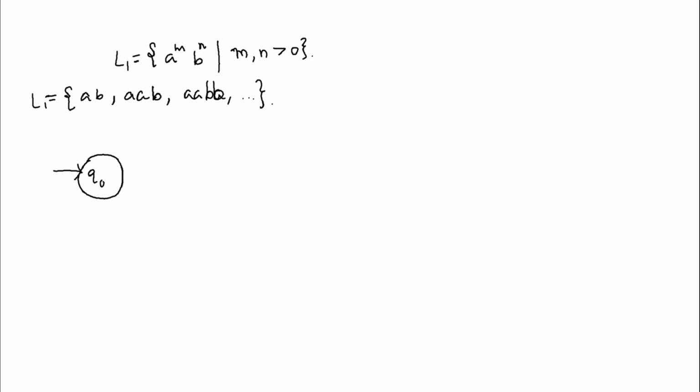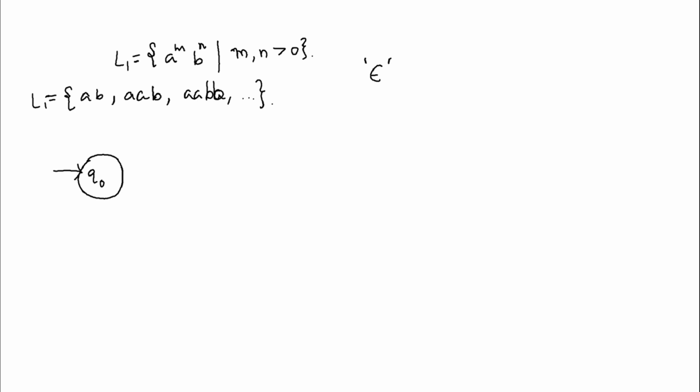Let that initial state be Q0. Now you see, if your language has epsilon in it, then the initial state will be a final state also. Here there is no epsilon in this language, so the initial state will not be the final state.